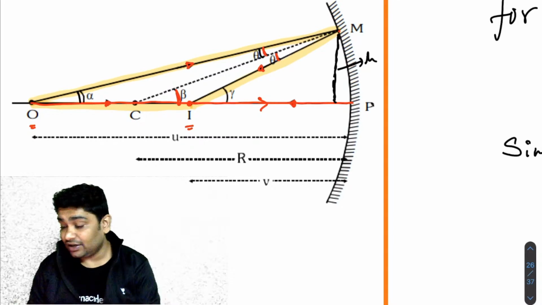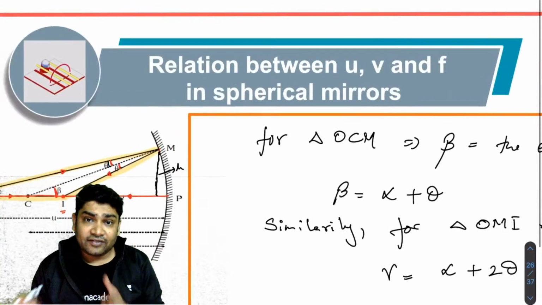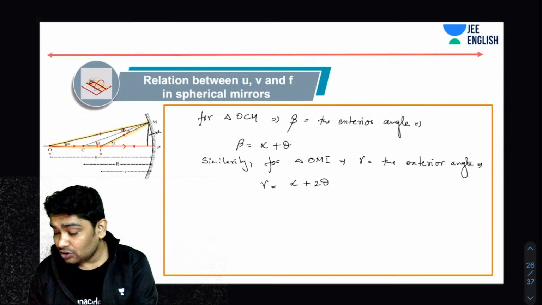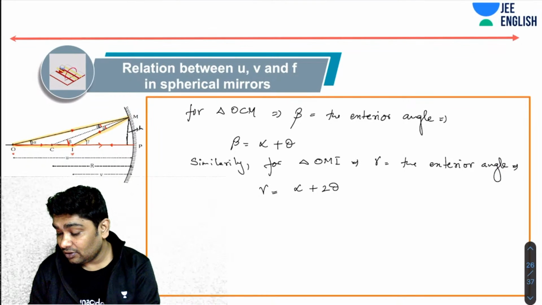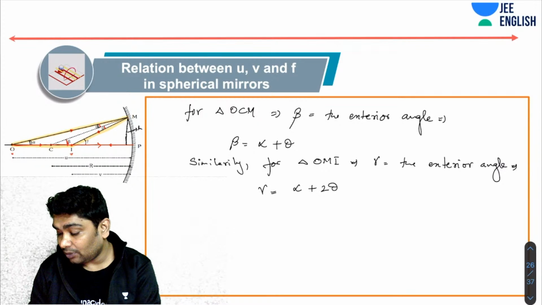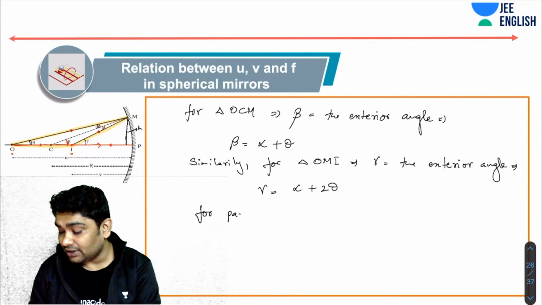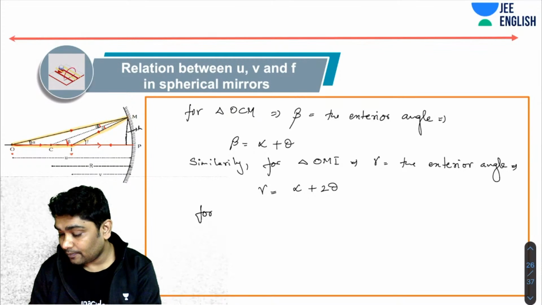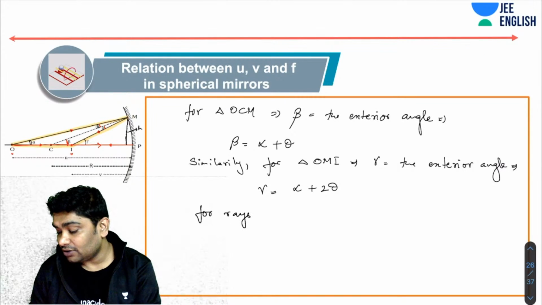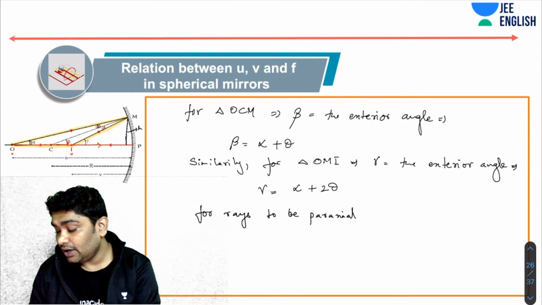For paraxial rays, they are incident very close to the pole. So for rays to be paraxial, h tends to 0.